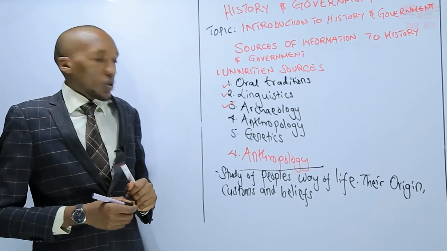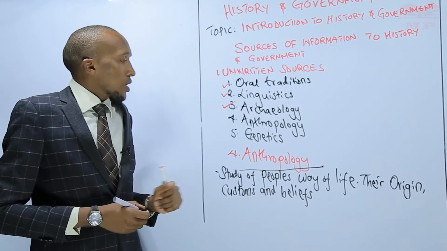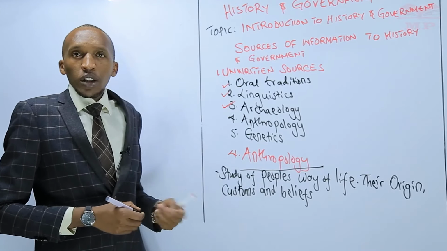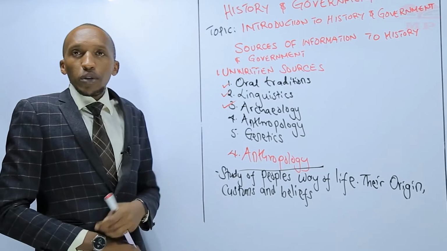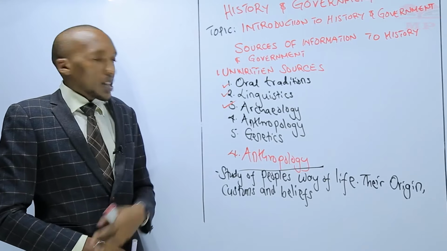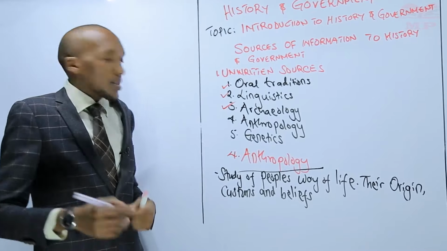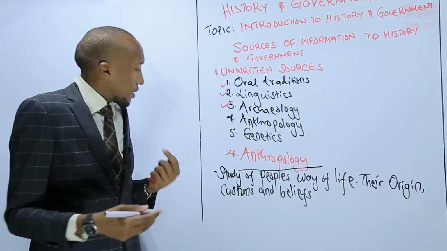That is anthropology. So this kind of getting information, do you think it has advantages? What are some of these advantages? You can discuss, you can try and scribble down.